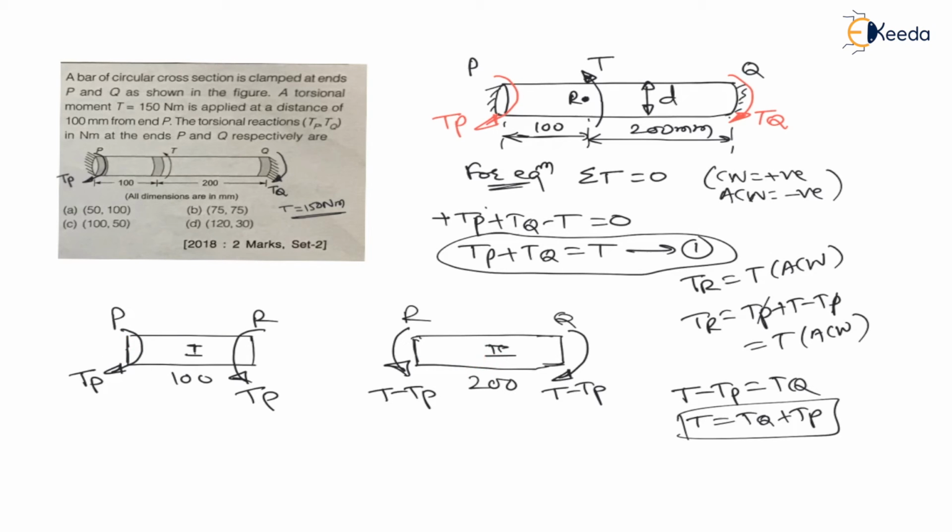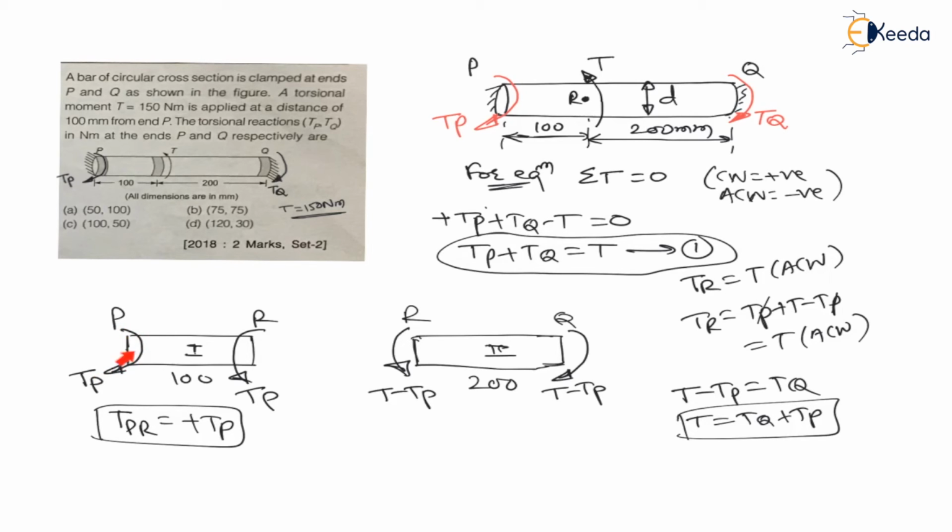Let us consider P. At P, TP is positive, that is clockwise. Therefore, let us say this arrangement I am assuming as positive. That is, torque on the PR element is plus TP, because at P it is clockwise.